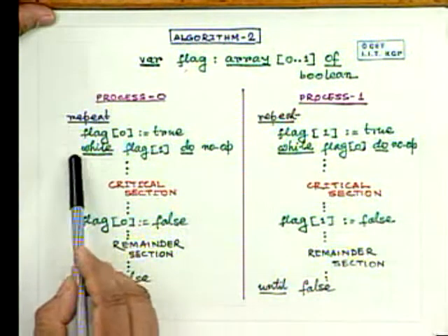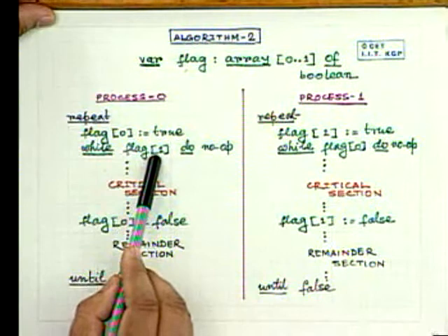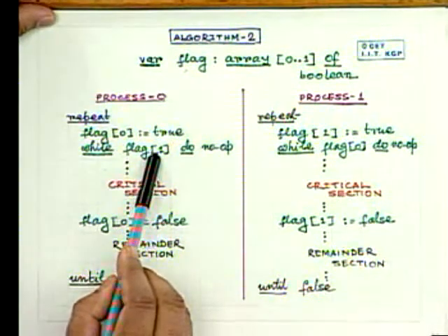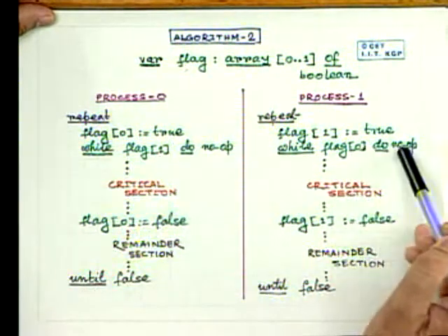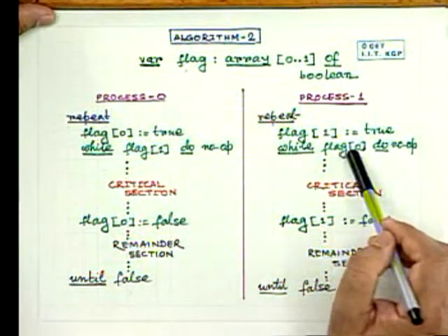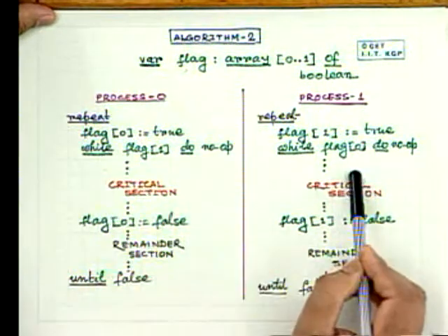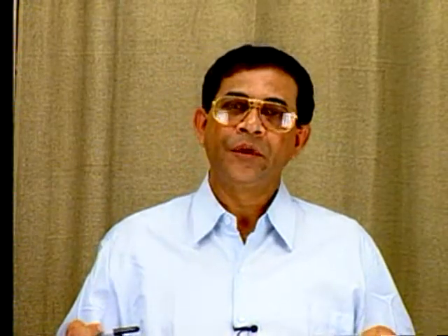In that case, process 0 will be waiting here for flag 1 to become false, and process 1 will be waiting here for flag 0 to become false. Therefore, both of them will be waiting, and none can enter the critical section. And as you see, the progress requirement is immediately violated. Both of them will be waiting in this busy wait situation indefinitely.